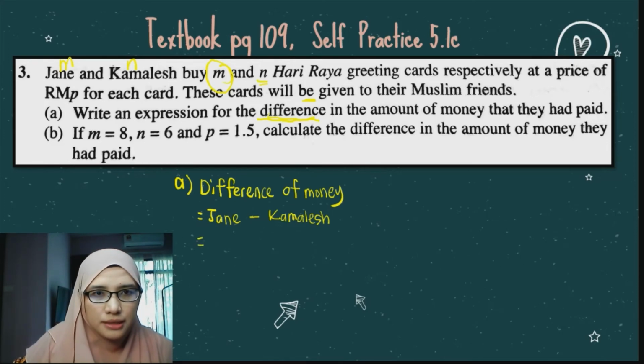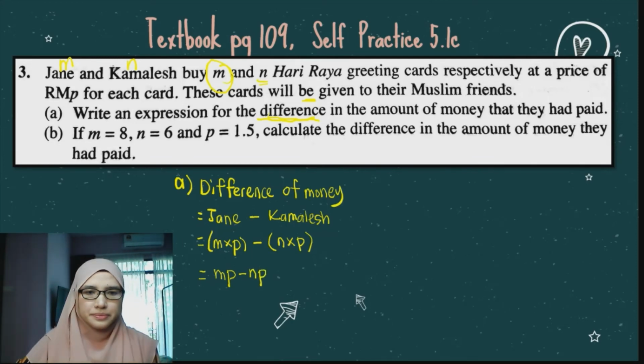Okay, Jane buys M cards and each card costs P ringgit. So we need to multiply M times P minus Kamalesh bought N cards and the same price P ringgit. So your algebraic expression is MP minus NP.